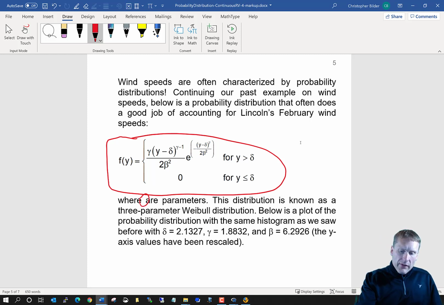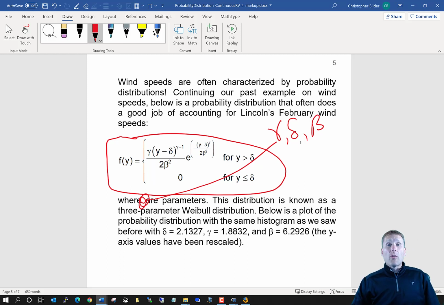And unfortunately, I left off some stuff right here. Gamma, as in the Greek letter gamma, the Greek letter delta, and beta in this expression are all parameters. They're actually population parameters. And in a real-life situation, we would actually want to estimate them. I actually did estimate them using a technique called maximum likelihood estimation.